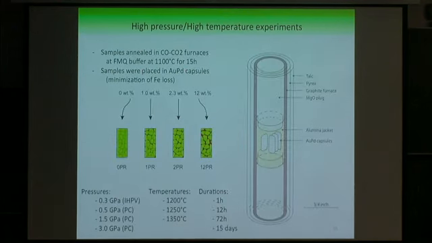So what I did then was to anneal the San Carlos crystals in a CO2 furnace at the FMQ buffer. So this is experimental jargon for those who are mathematicians. At 1100 degrees Celsius and for 15 hours in order to get rid of most of the impurities that were contained in the San Carlos.